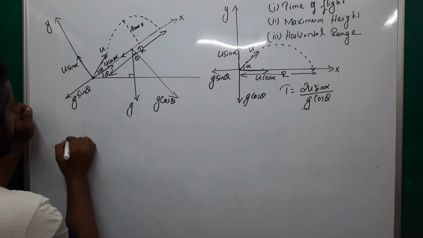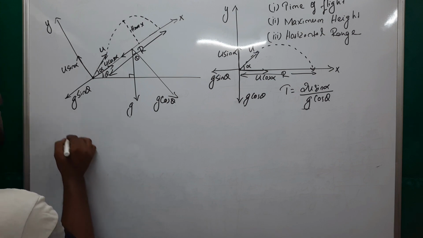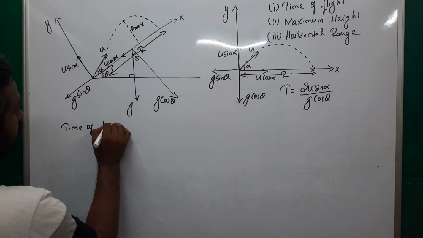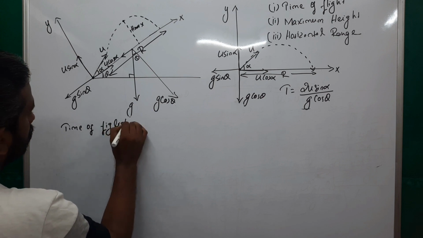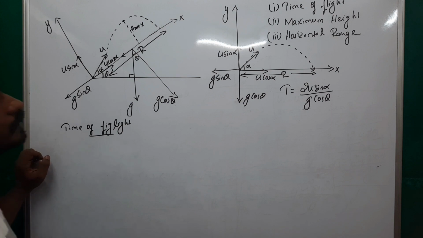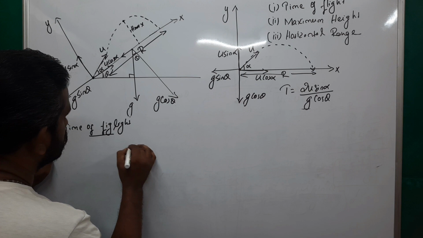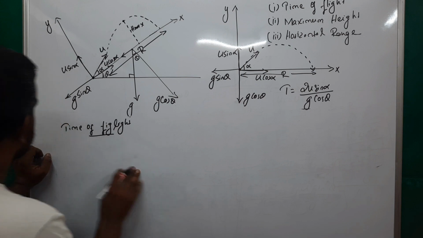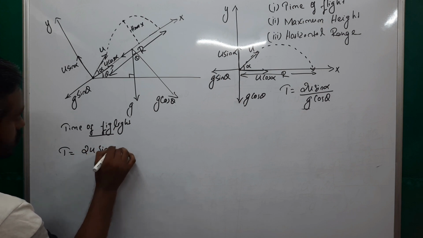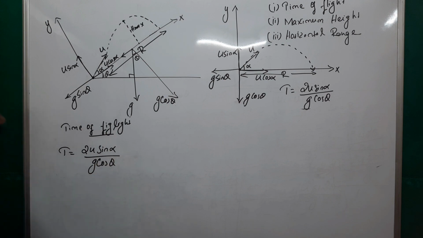So time of flight: T is equal to 2u sin alpha divided by g cos theta.